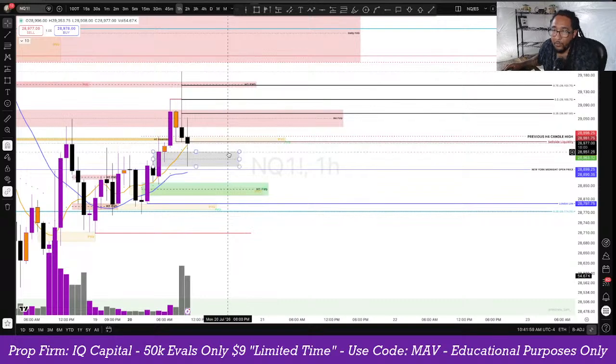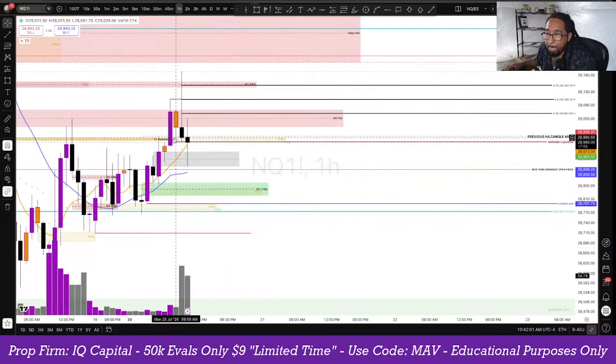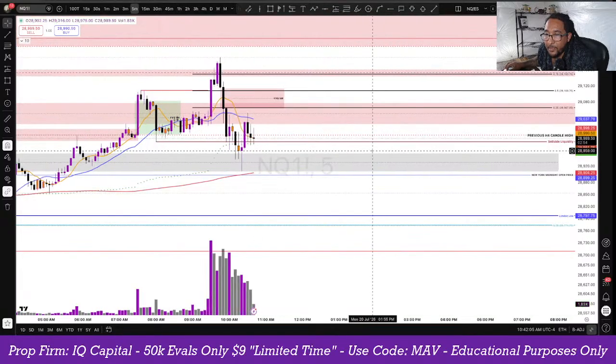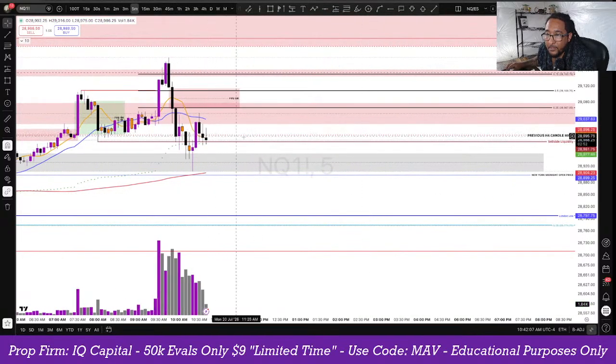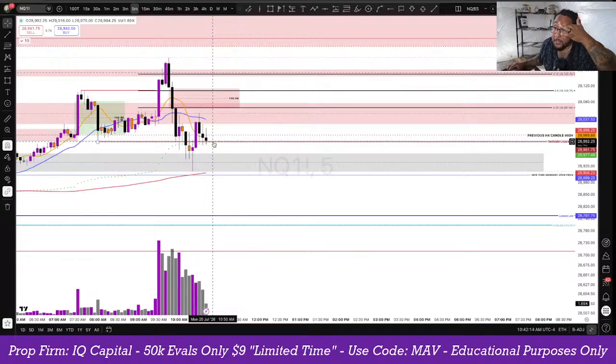What the market wants to do here. And as I said, as we go down to the lower time frames on the 5-minute, we see these top wicks, which is telling us price is indicating lower prices.